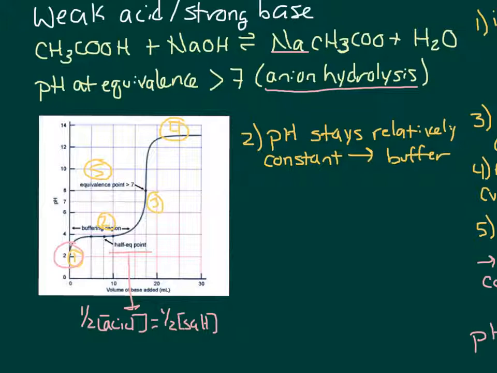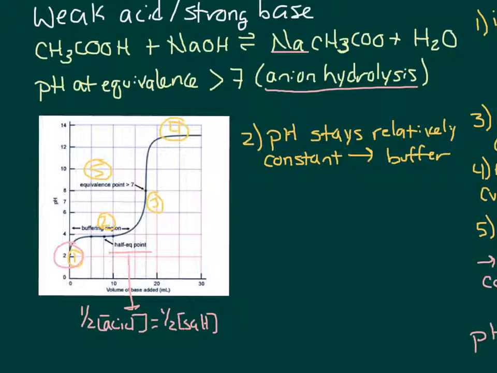At point 2, the pH stays relatively constant. Even though you are working with a weak acid and a strong base, you'd expect a much sharper curve. But due to the salt hydrolysis that is occurring here, it creates a buffer region that goes back and forth, and that is allowed by that hydrolysis.